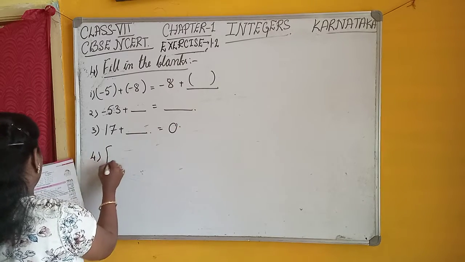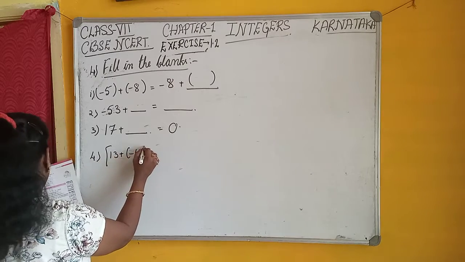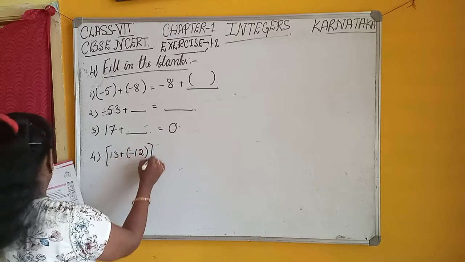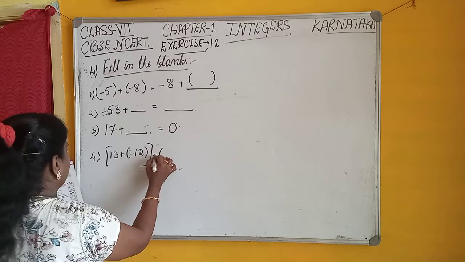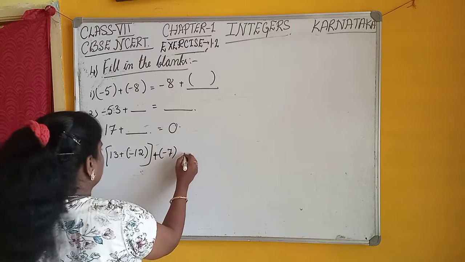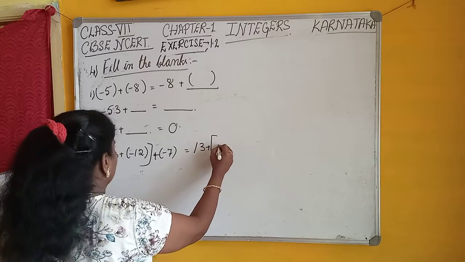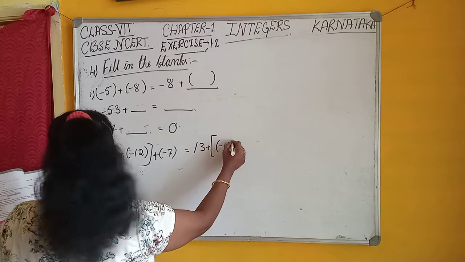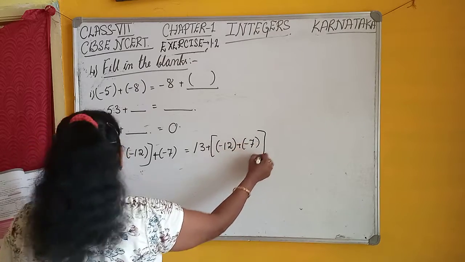Next one, 13 plus of minus 12 plus of minus 7 is equals to 13 plus of minus 12 plus of minus 7.